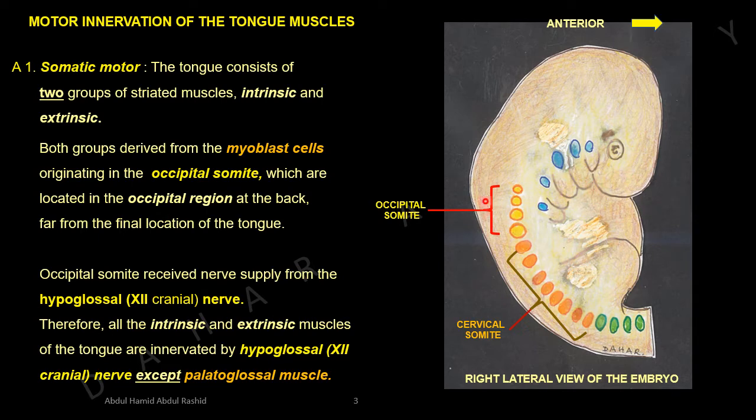The occipital somite receives nerve supply from the hypoglossal, that is the 12th cranial nerve. Therefore, all the intrinsic and extrinsic muscles of the tongue are innervated by the hypoglossal 12th cranial nerve, except palatoglossus muscle.